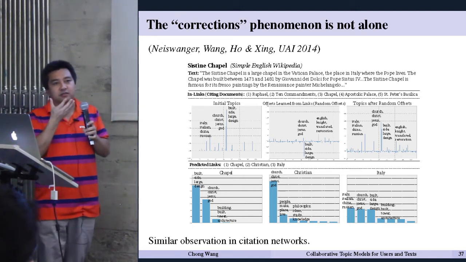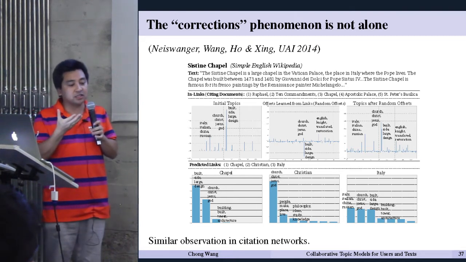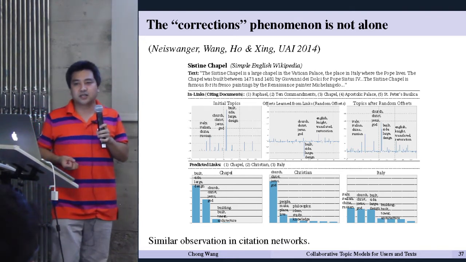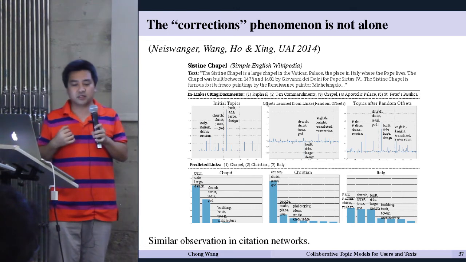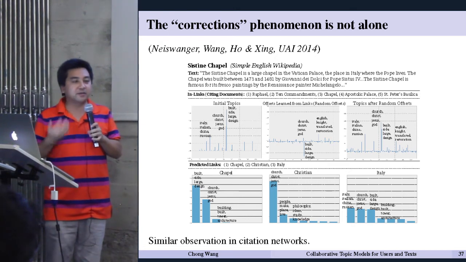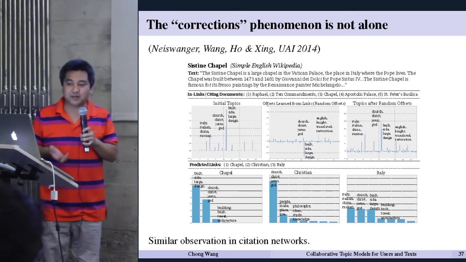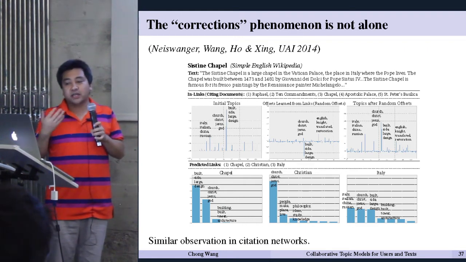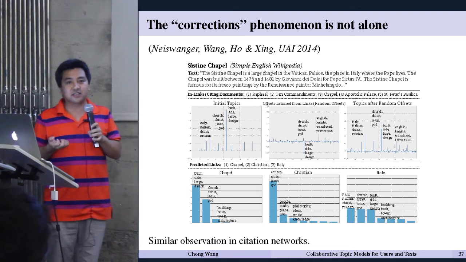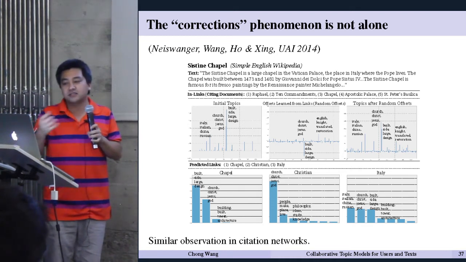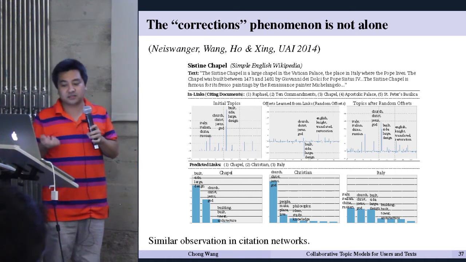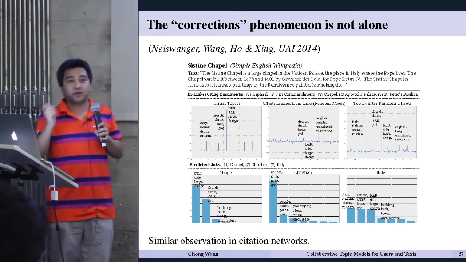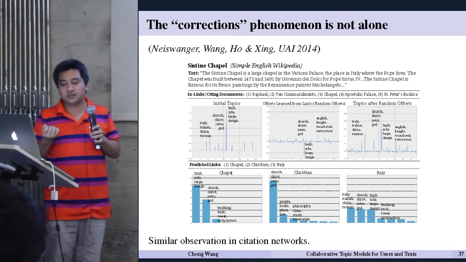And that is the kind of information we see in the collaborative topic models, that the users provide. So basically, we hope to find a similar effect in this type of data, so that we can use a similar correction idea in this network data. It turns out it's a pretty similar finding, so that the topics within the documents can be corrected by the links information.